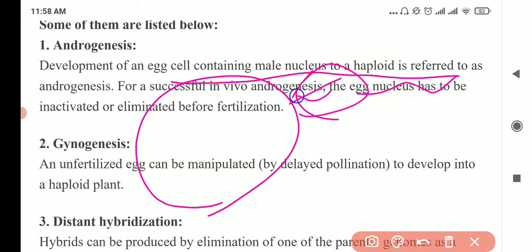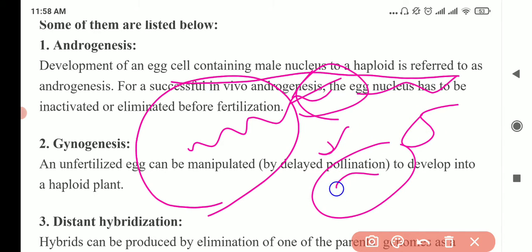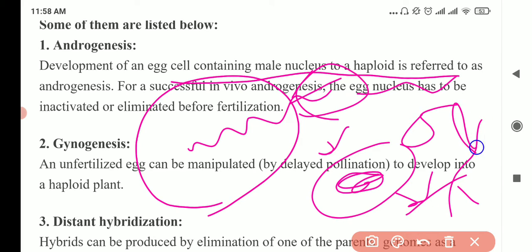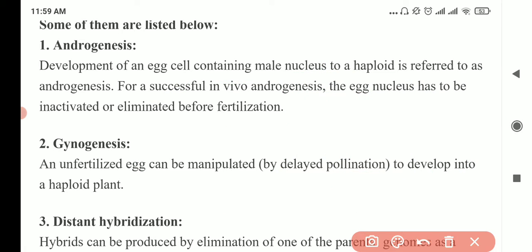It will release its DNA there, and that DNA is the DNA of the male, is it not? Then from this egg you will develop a haploid plant. I think it's clear.